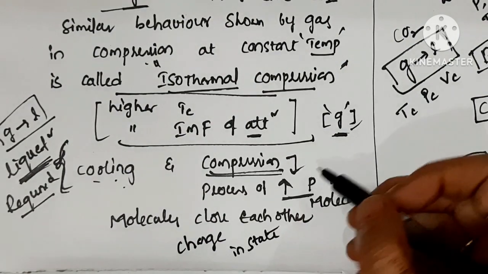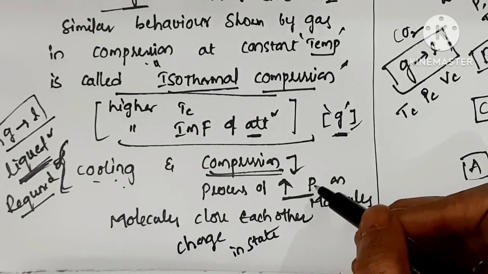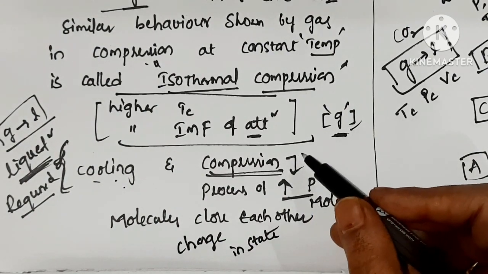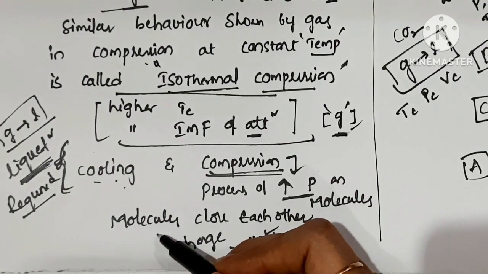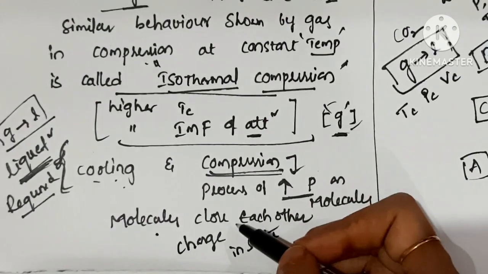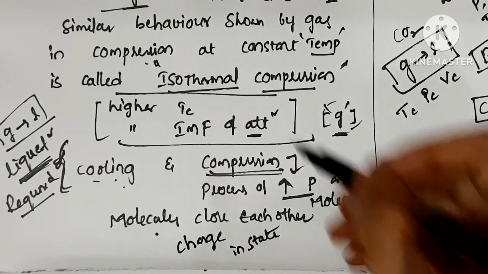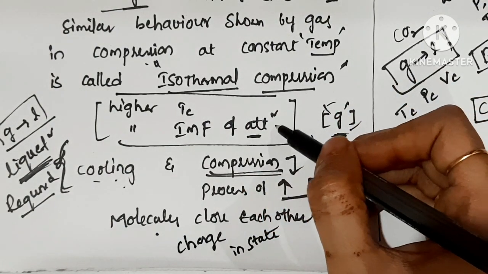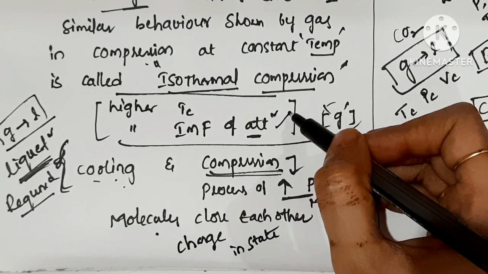So when we apply compression to the gas, the molecules present in the gas are very close to each other. Intermolecular forces of attraction are very high, as I have already told you.